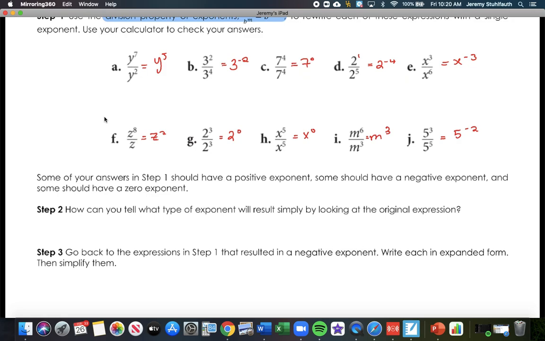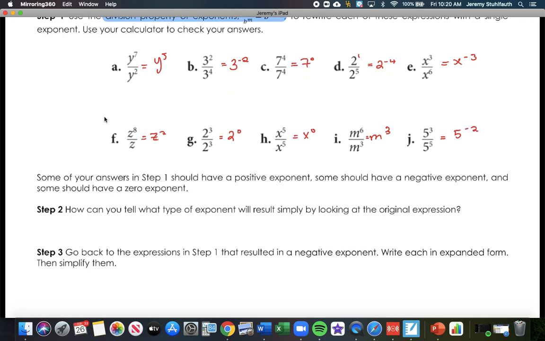And finally, to get a zero exponent, the exponents are equal. They're the same.